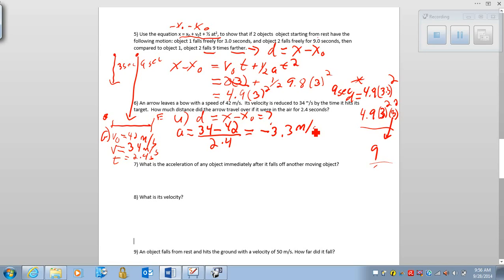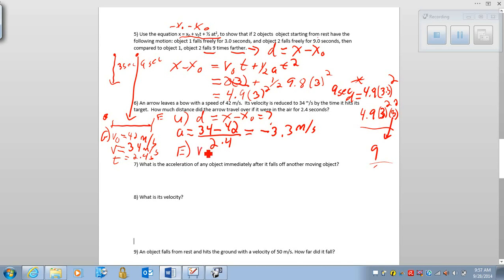Okay, so now we have initial velocity, final velocity, time, acceleration, and we are looking for our x minus x0. At this point, we've used our time factor, and we do not need it in the equation we are actually going to use here.